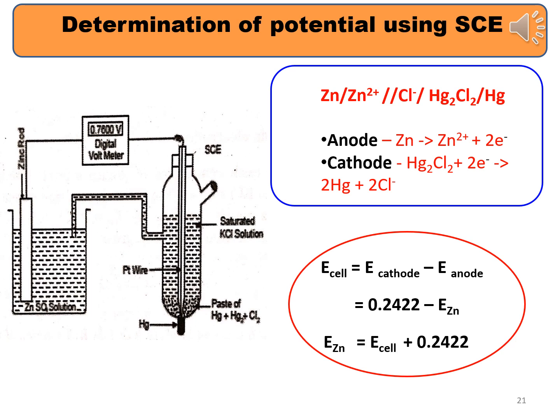So the E cell is equal to E cathode minus E anode, where E cathode is the saturated calomel electrode and has a potential value of 0.2422, and E anode is the zinc electrode. So the potential of the zinc electrode is equal to E cell plus 0.2422, where the E cell value we obtain from the voltmeter.